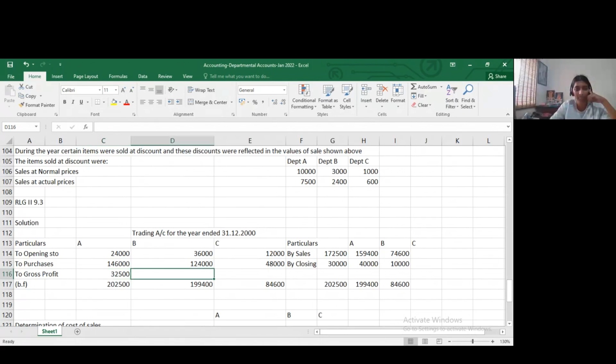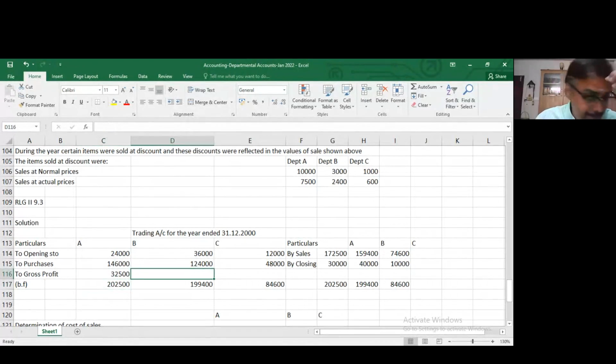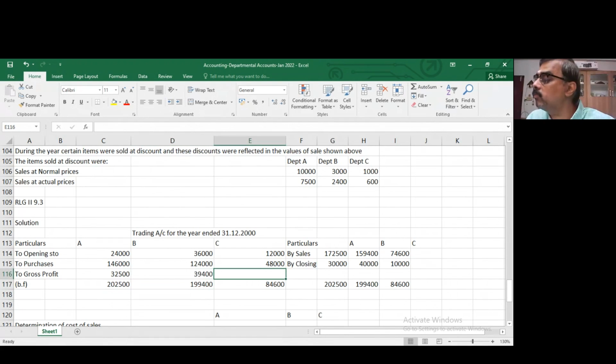Total is 500, sorry. 32,500 for department A. For department B, 39,400. And for department C, 24,600. Very good. That's all.